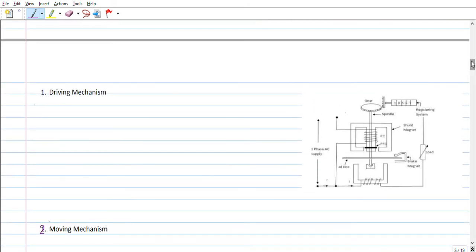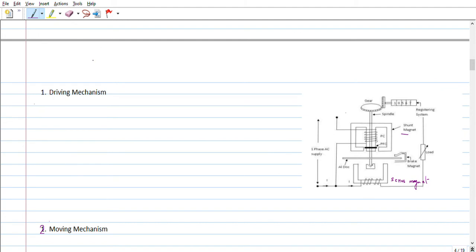This is a shunt magnet, and this is a series magnet. Shunt magnet, series magnet, compensation accessories and brake magnet, one by one.